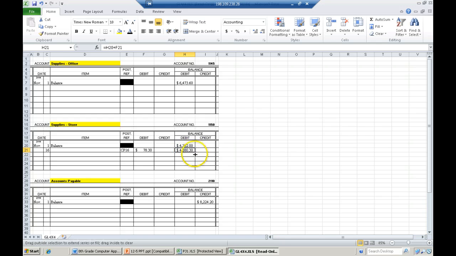And then we can drag this formula down so that anything we add to this will change this amount. So then we're eliminating a step, basically. So now our ledger for store supplies carries a balance of $4,380.30. Pretty simple.